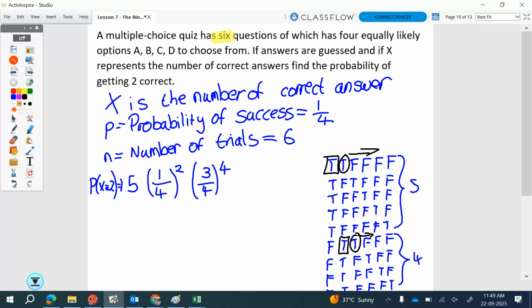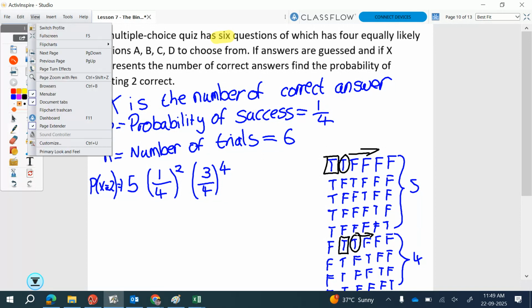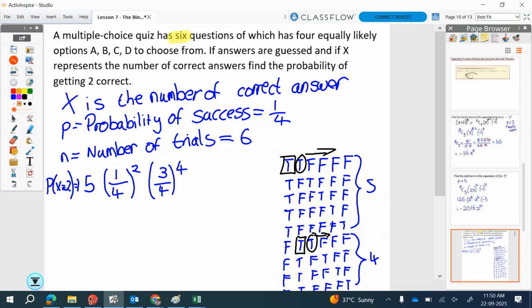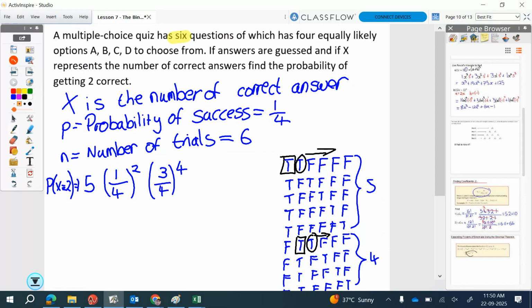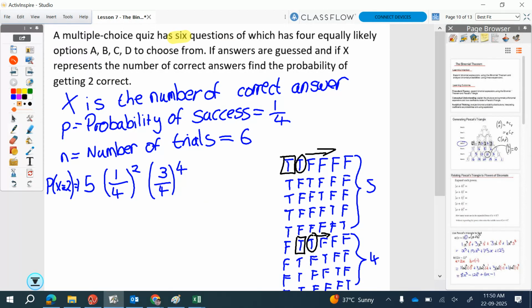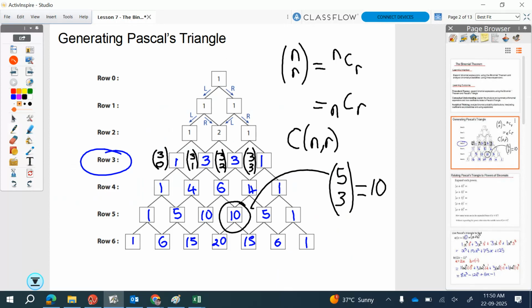Yeah. And in fact, if we go back to Pascal's triangle, isn't 15 in Pascal's triangle? Yeah. Row 6. It's number 2 and number 4.